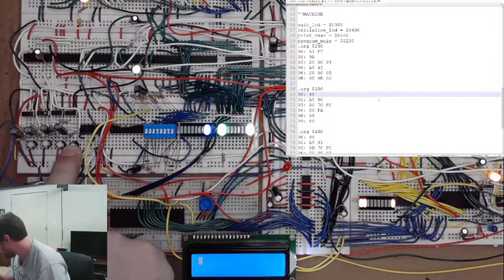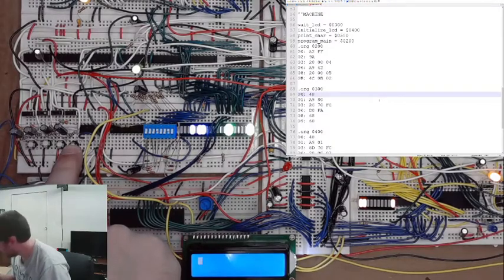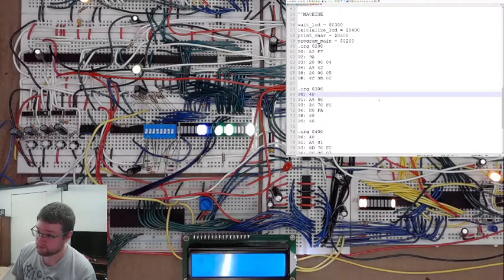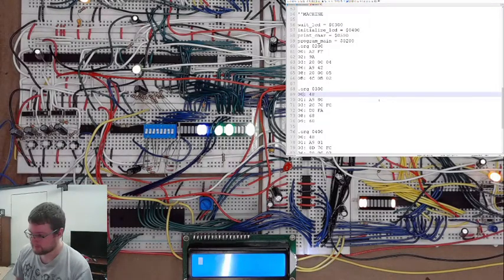Should be 80. Yep. 2C. Or not 2C. 70. FC. D0. FA. 68. 60. Okay, the rest of that was correct. It was just that one byte.